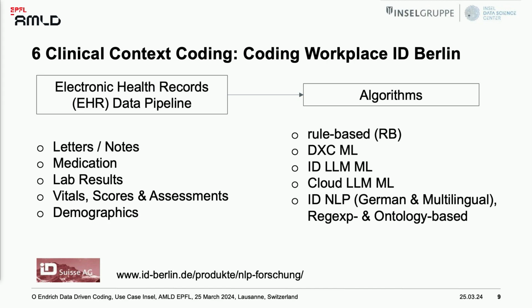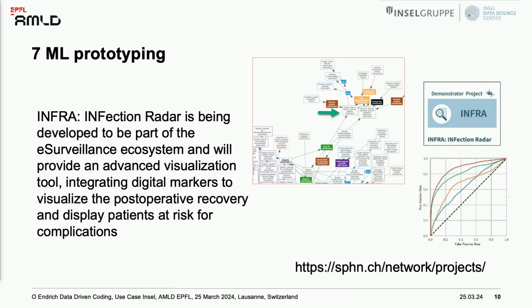It's actually our support from this very valuable collaboration with industry, and at the end, what we're also doing, we try to develop our machine learning prototypes. For example, for one use case, we try to predict patients at risk for developing surgical site infection, and also from this point of view, closing the loop.